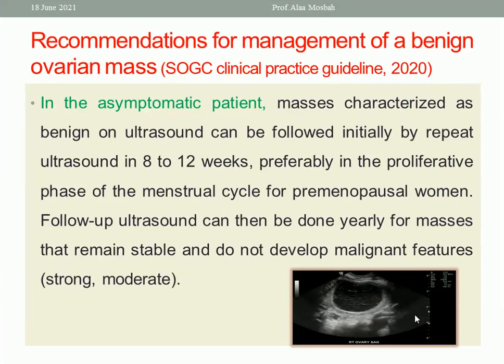So what is the recommendation by SOGC 2020? In a symptomatic patient, masses characterized as benign on ultrasound can be followed initially by repeated ultrasound. So we can repeat the ultrasound after 8 weeks or even 12 weeks during the proliferative phase. So you ask the patient to come immediately after menstruation, and do ultrasound for her.